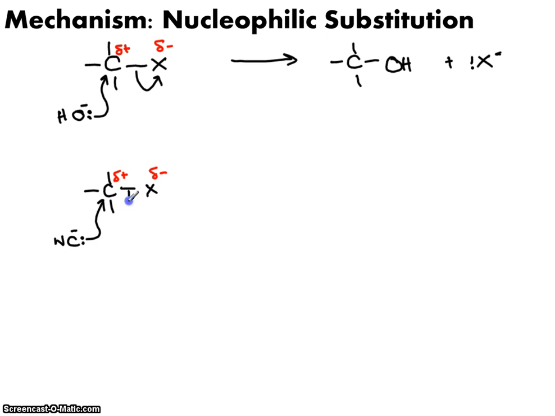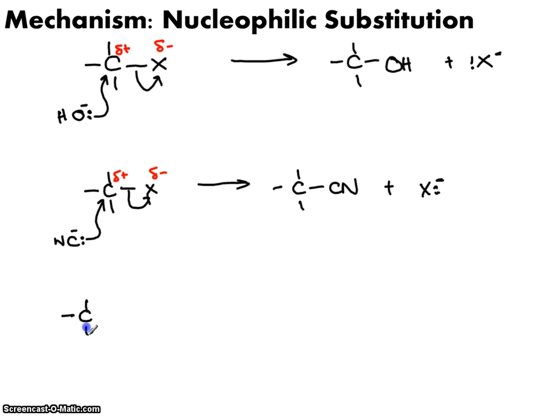So the nucleophile attacks the carbon, pushes the electrons off onto there, and we make, this time, a nitrile compound by this reaction, and we still generate some halide ion here.